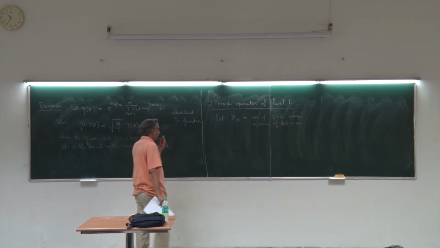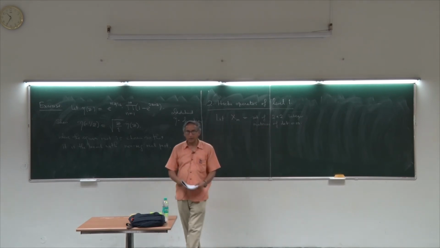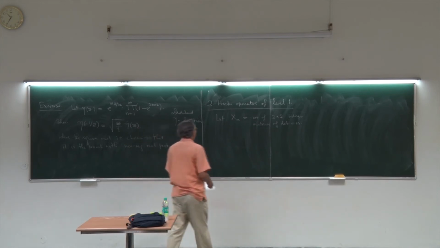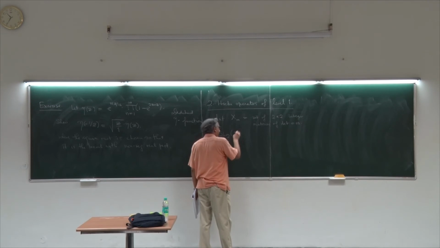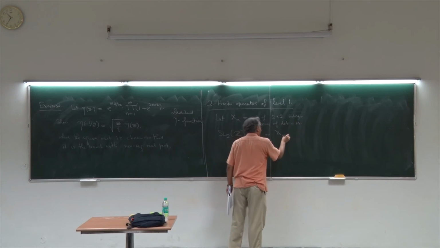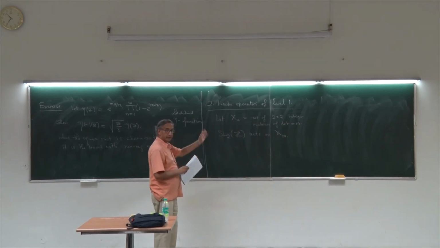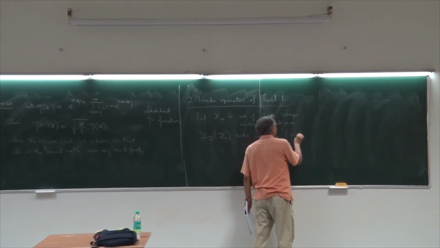Okay, so if I have a 2 by 2 integer matrix of determinant m and I hit it with an SL2Z element, I'm still back in the same space because the SL2Z element has determinant 1 and it has integer entries. So SL2Z acts on X sub m. We'll keep it as a left action.